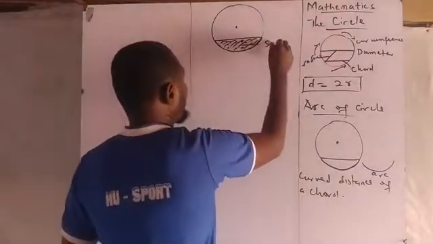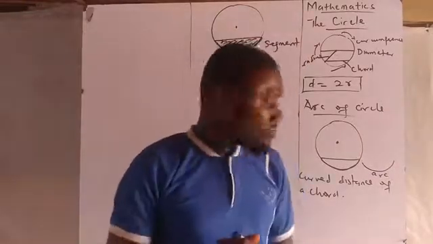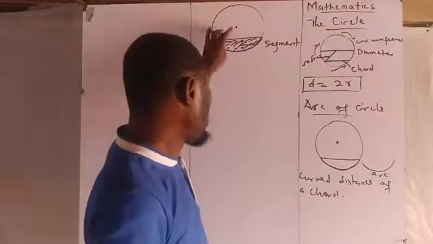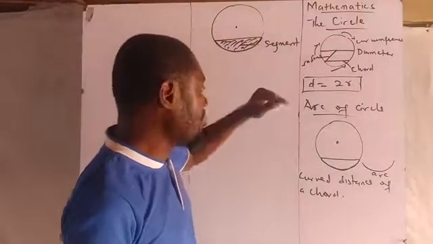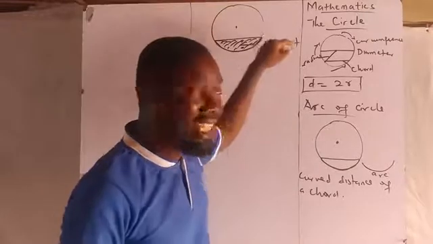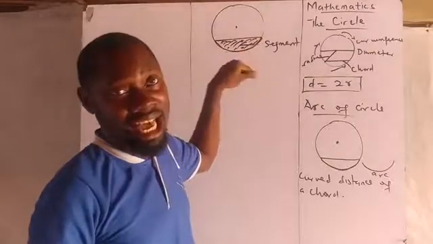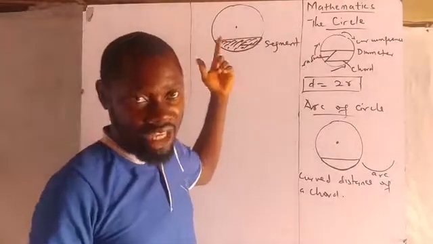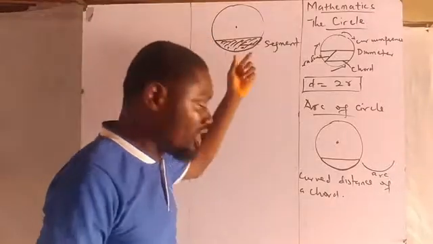Remember, the chord is only a line segment that has its ends touching the edges or the rims of a circle, while the arc is only the curved distance.